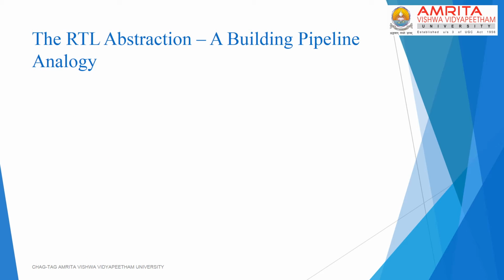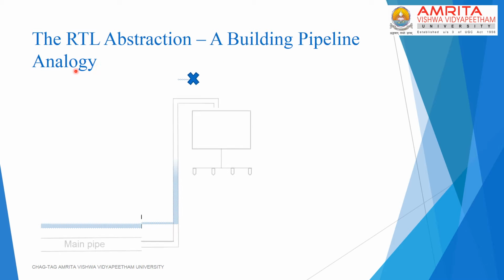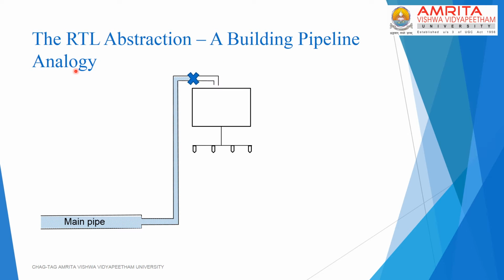To illustrate the RTL abstraction better, we use the analogy of a building pipeline system. In a pipeline system, we can think of the water that flows through the system as the data.